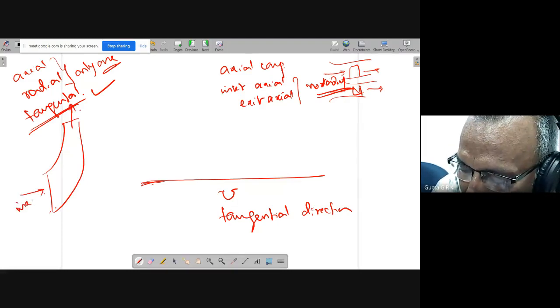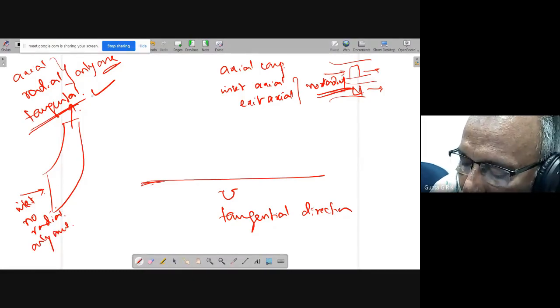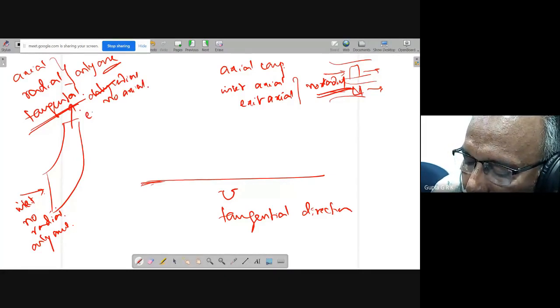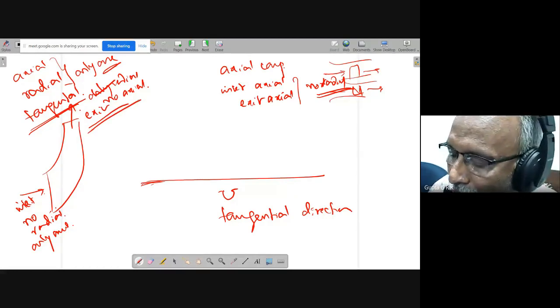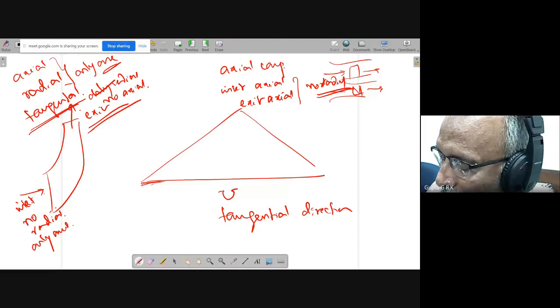So at the inlet, no radial, only axial. At the exit, only radial, no axial. This you have to remember. And always the velocity triangle will be something like this.